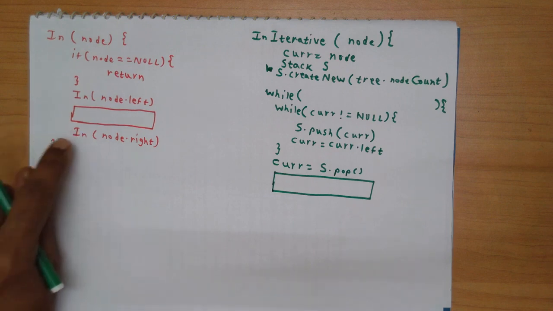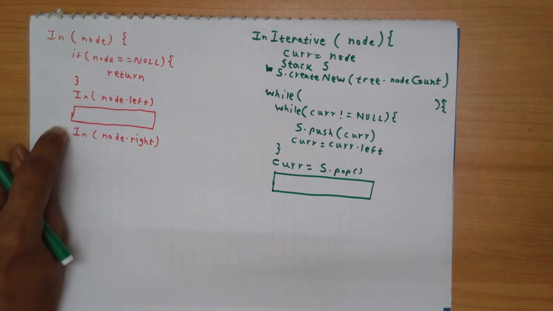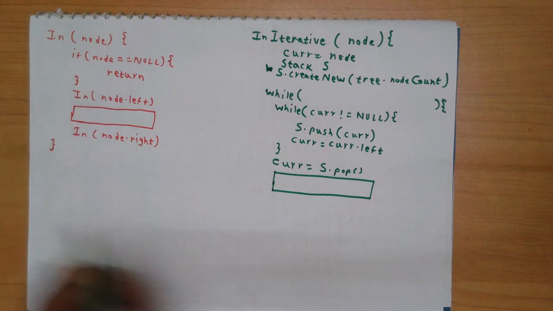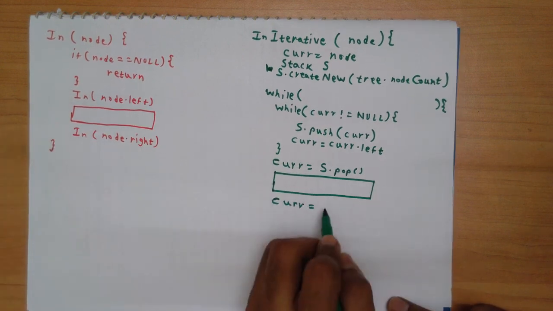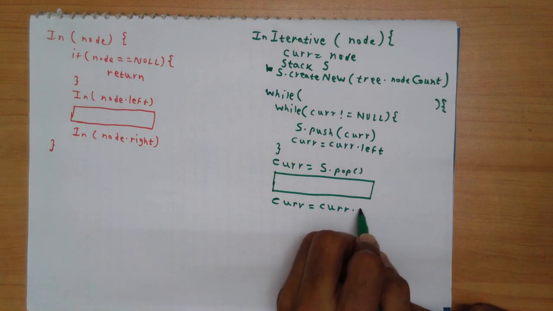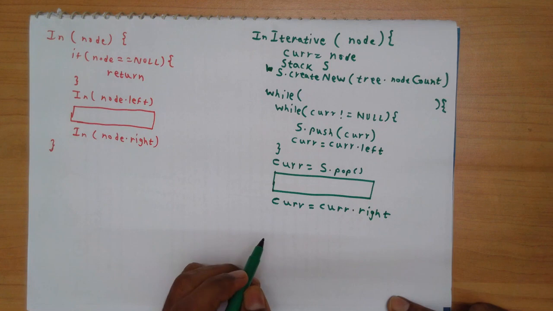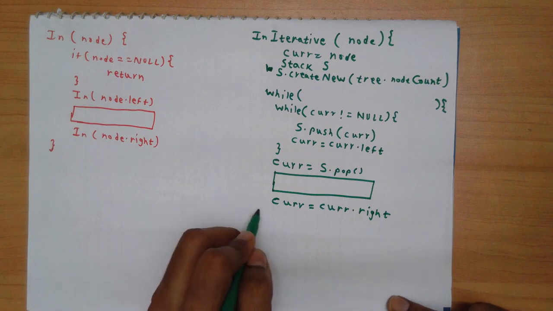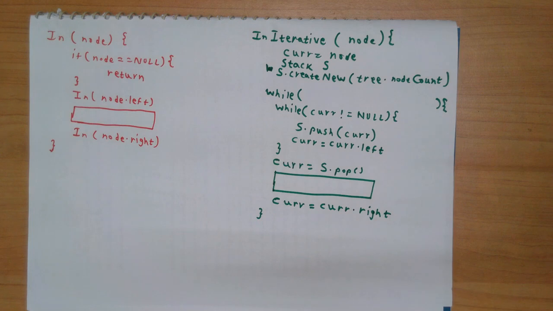Once we are done with the left and the node specific action, there is no need to remember the node. So I would just say that my current is equal to current dot right, and that completes the processing for my node. And now let's think about the looping condition that we should have.